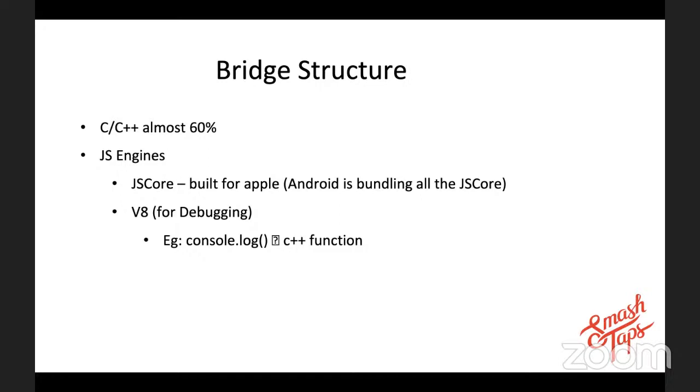That is also a C++ function, if you didn't know before, and it resides in the V8 engine. So for debugging purposes, some parts of the V8 engine are also included in React Native.